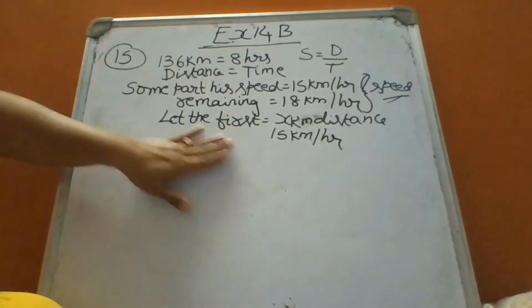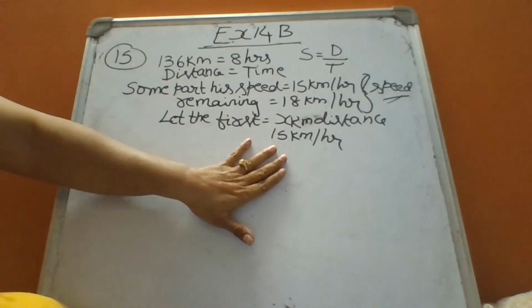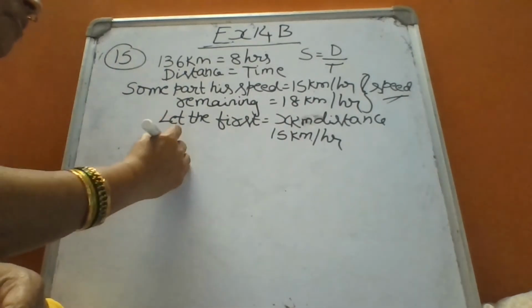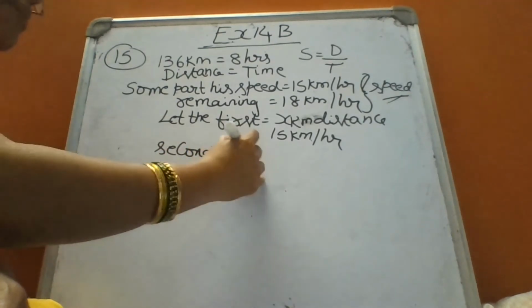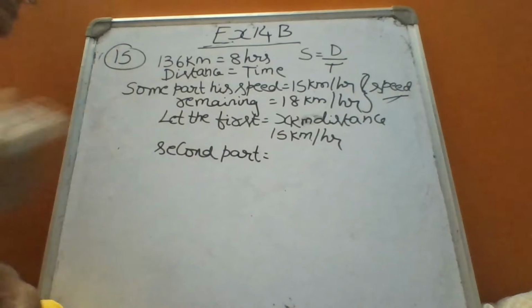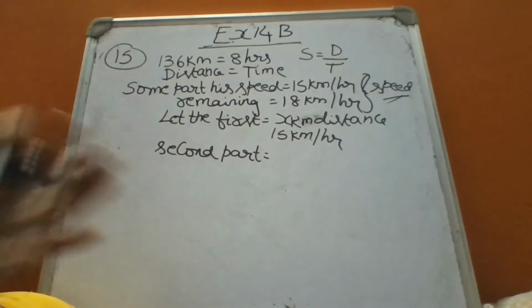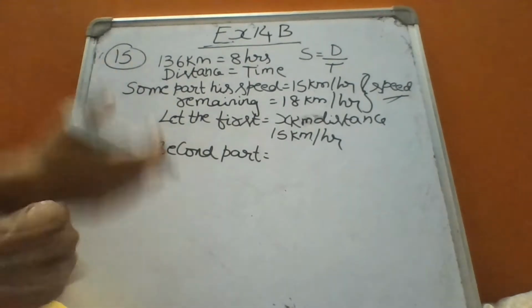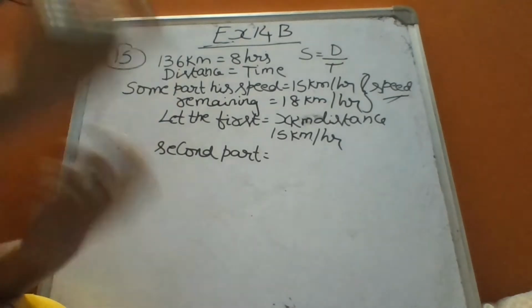So, the first part of his journey, some distance he has covered with 15 kilometer per hour, and the second part of the distance, what will be the distance now? There is total 136 kilometer he has travelled. The first part is x kilometer. What will be the remaining part?